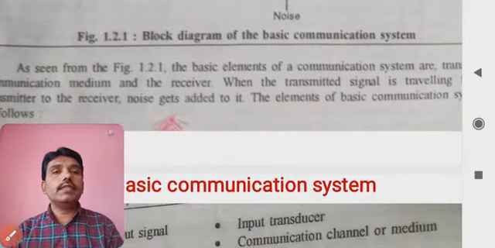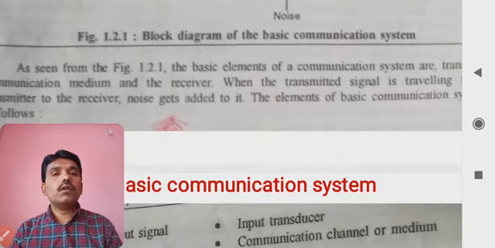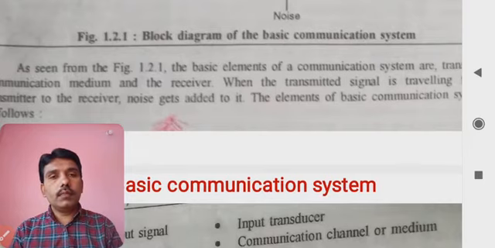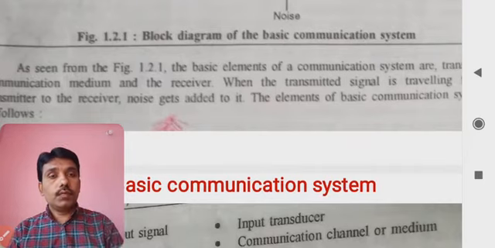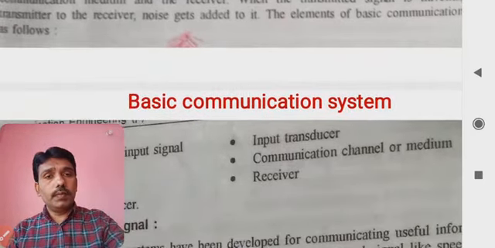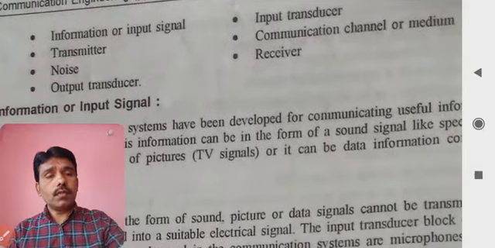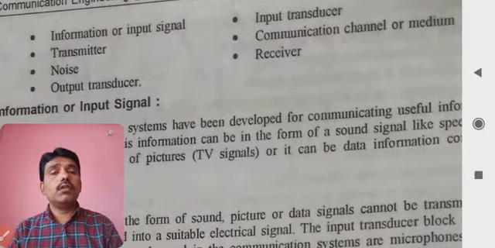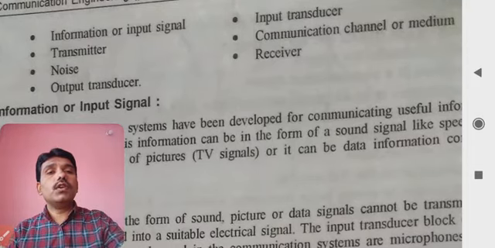We will see in detail the three main parts: the transmitter, the communication channel, and lastly the receiver. The other parts are also very important for making this basic communication systematic. The first one is the information or the input signal.